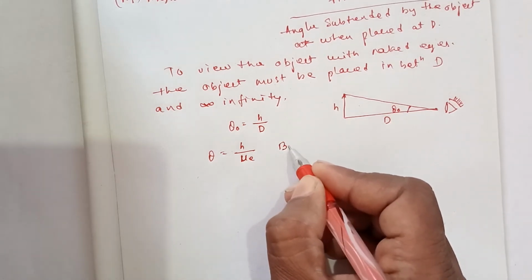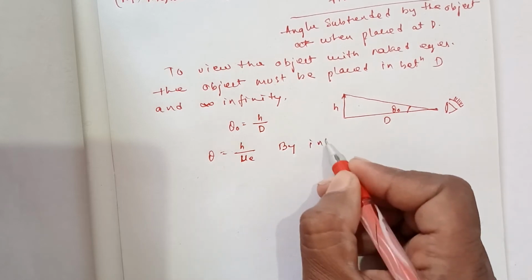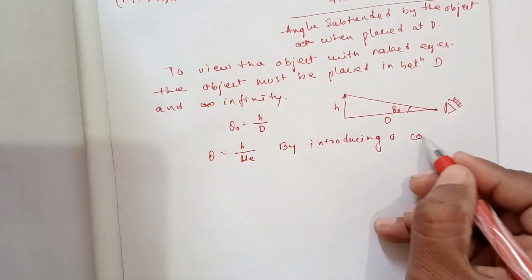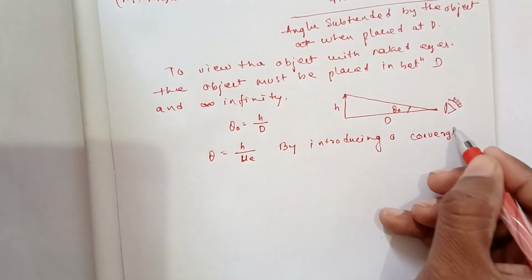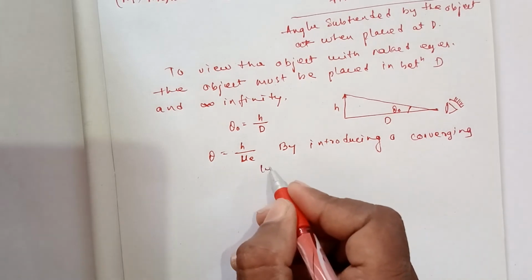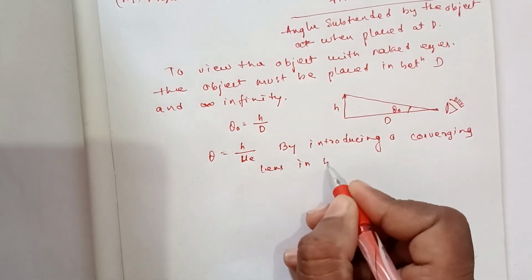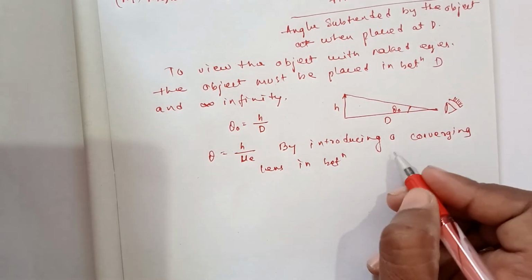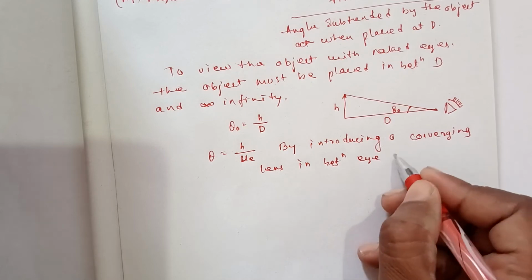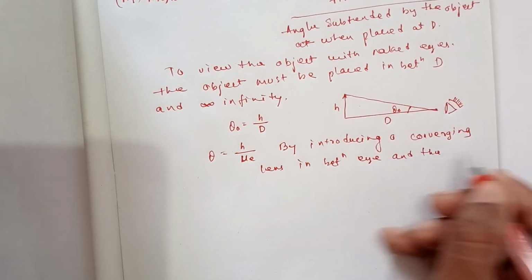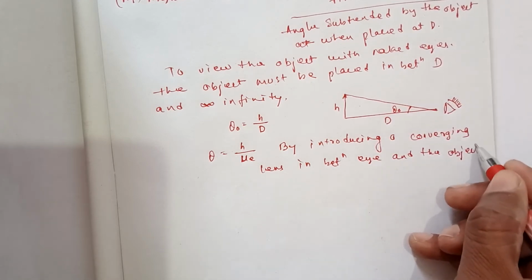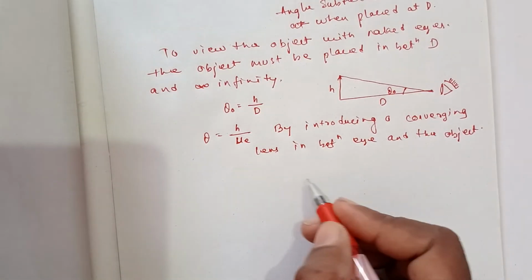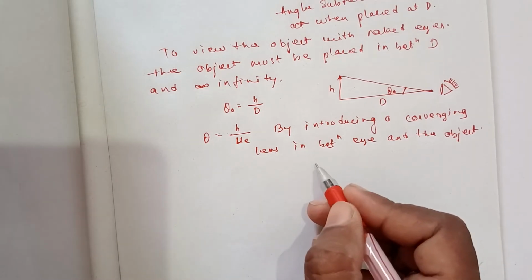That can be further increased by introducing a converging lens in between the eye and the object. So the modified picture can be drawn like this.